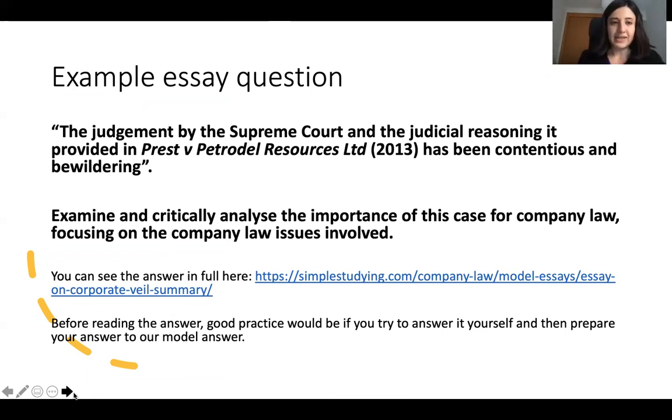So what you have to do is analyze for and against the statement, make arguments around this statement, which means a critical analysis. But in any form, you have to write everything you know about this case and everything you know about lifting the corporate veil.